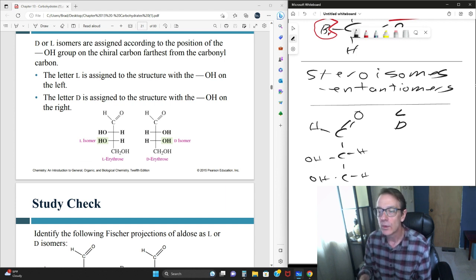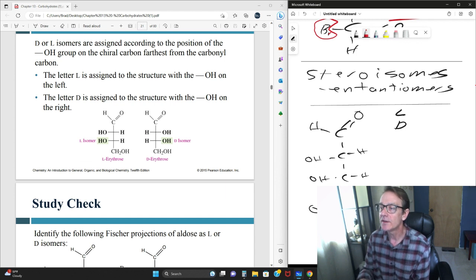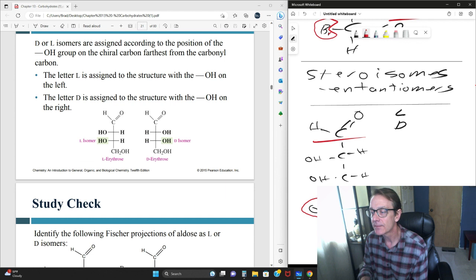sugar, what you want to be looking at, I left off the most important part, is this carbon way down at the bottom of your Fischer projection. Okay? So once you locate this functional group up top, go to the opposite end, look at the last carbon in the chain and where this hydroxyl is.